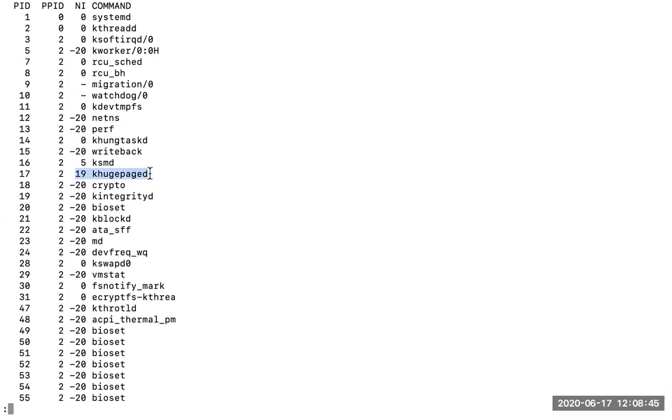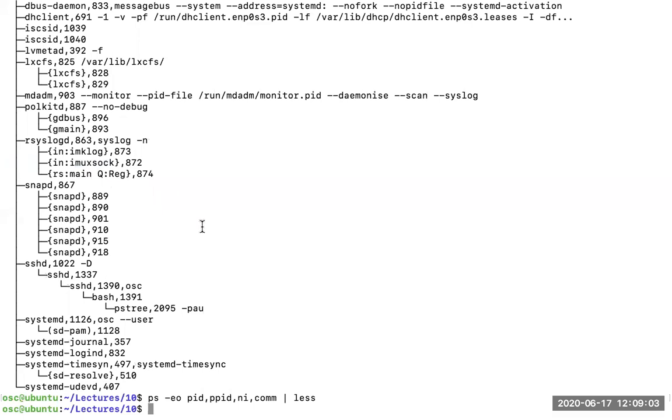This process has the lowest priority in the range. This has a higher priority than +19, but lower than -19. These are the process ID and the parent process ID. So this is how we can see the priorities of the processes in the system.